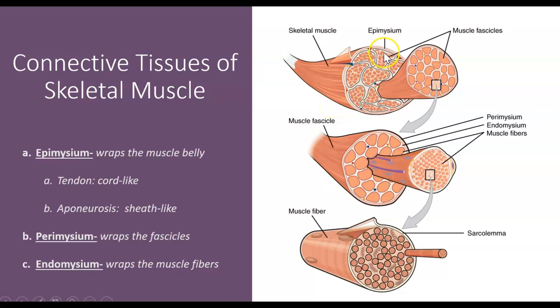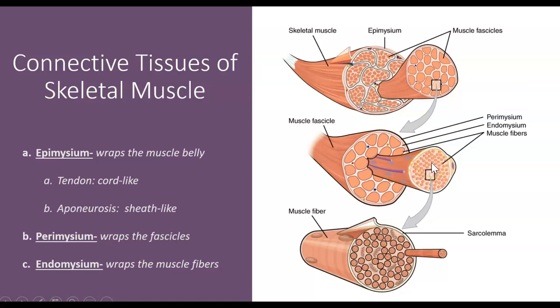Then if you look at these individual fascicles that are going to be found inside of the muscles, so you can kind of see them here. These fascicles are going to be surrounded by a tissue that kind of holds them all together called the perimysium. And then within each fascicle, you can see there are all these different individual muscle fibers.